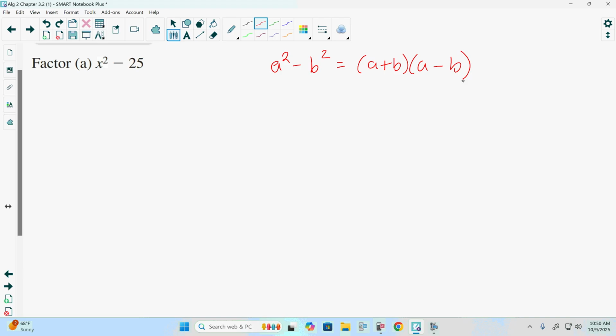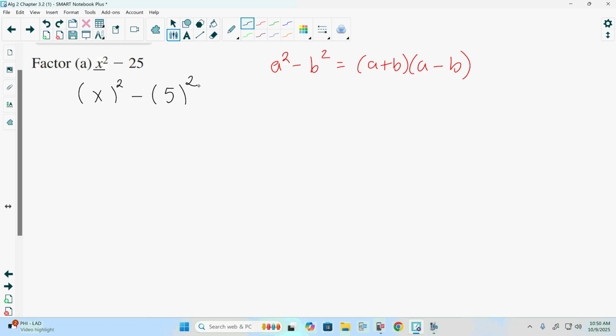We do have a difference of perfect squares. Now x squared is x times x. I'm going to rewrite it with parentheses so we can attach it to our a and b terms. Minus, what times itself is 25? 5. So we can say that this is x squared minus 5 squared, a squared minus b squared.